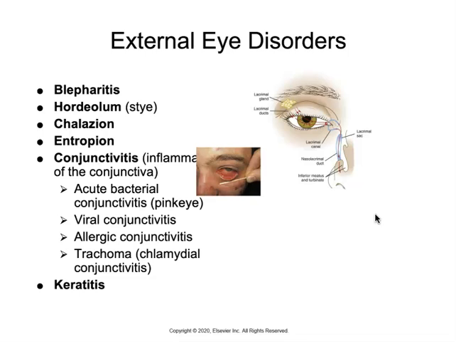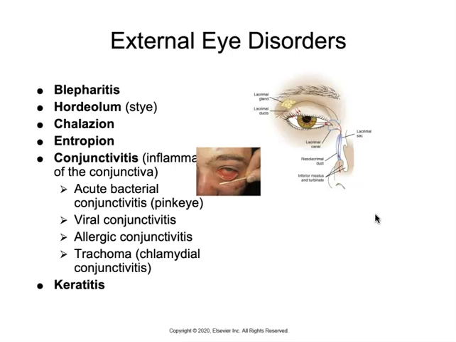Then we have an entropion, and this occurs when the eyelid turns inward, and that could lead to irritation of the cornea. Conjunctivitis, I'm sure you've all at least known someone who has had this, but this is when there's inflammation of the conjunctiva. There are several different forms.